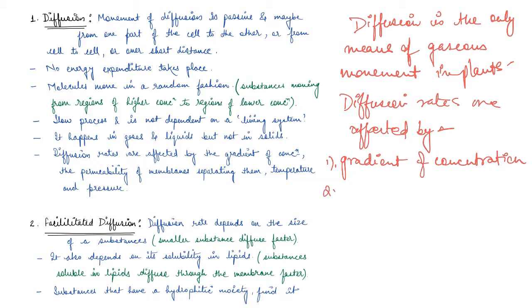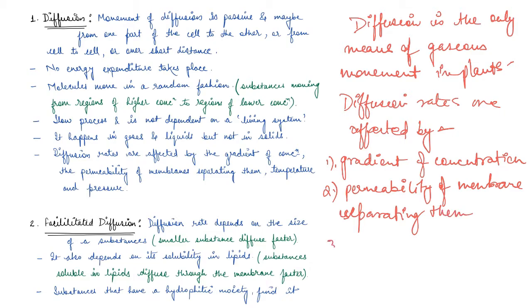Second is permeability, so how permeable is the membrane which is separating them. And then temperature and pressure. So this is all about diffusion.